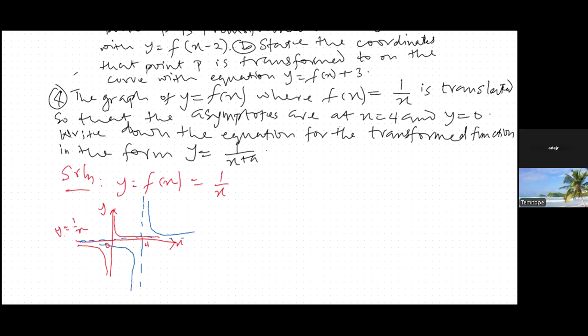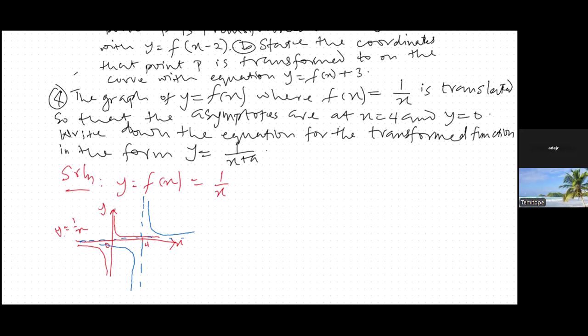So what have you noticed? You can see that the turning at 0 here has moved to 4 here. Do you get that now? That's a shift to the right on the x-axis.